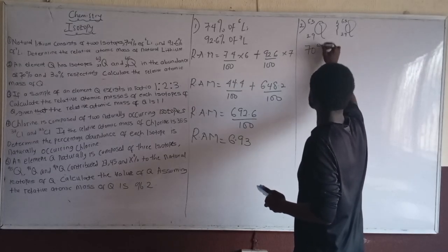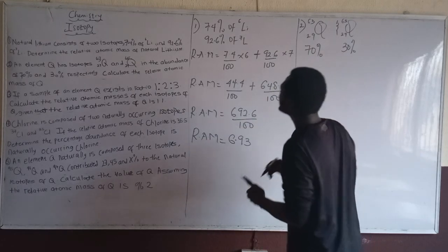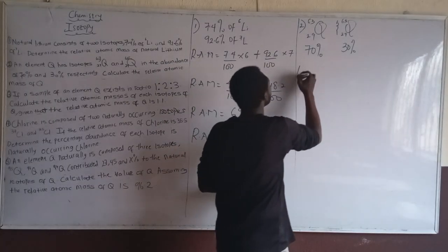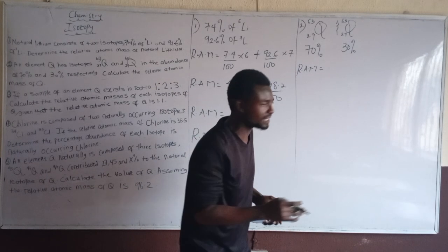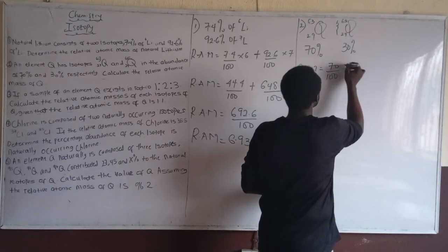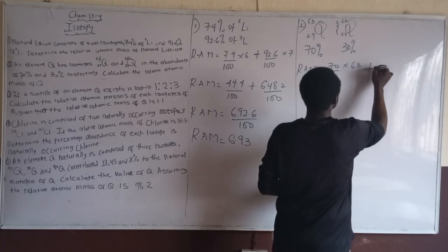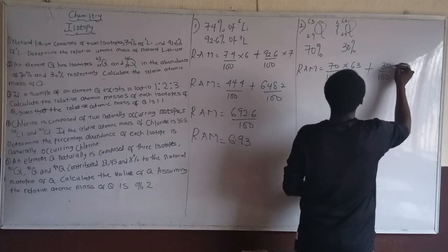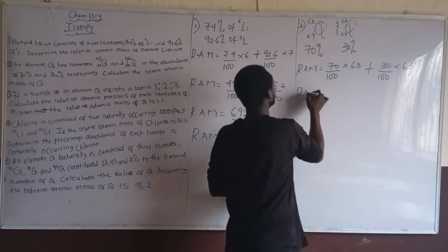Then calculate the relative atomic mass of element Q. So RAM, don't forget, is the respective percent over 100, that is 70 divided by 100 multiplied by the mass number, which is 63, plus 30 divided by 100 multiplied by 65.